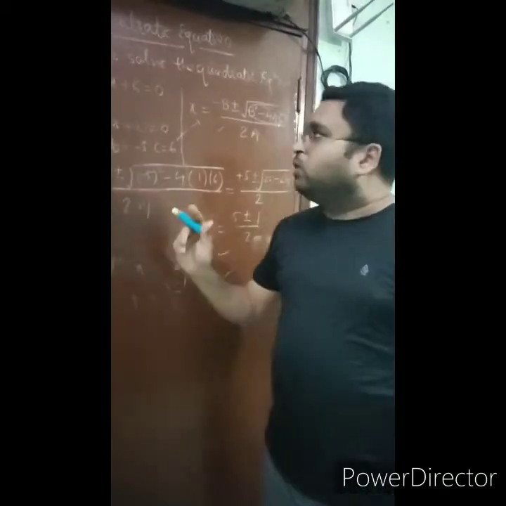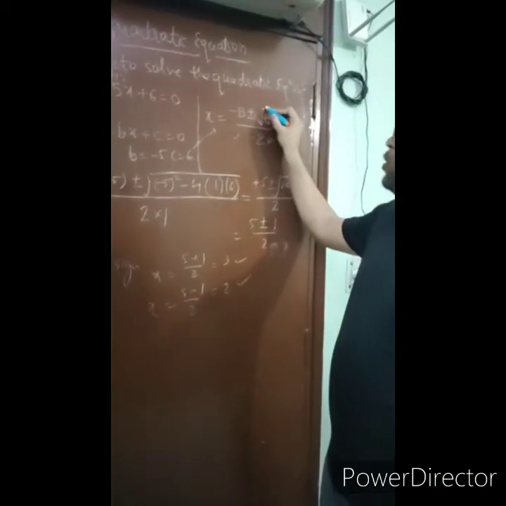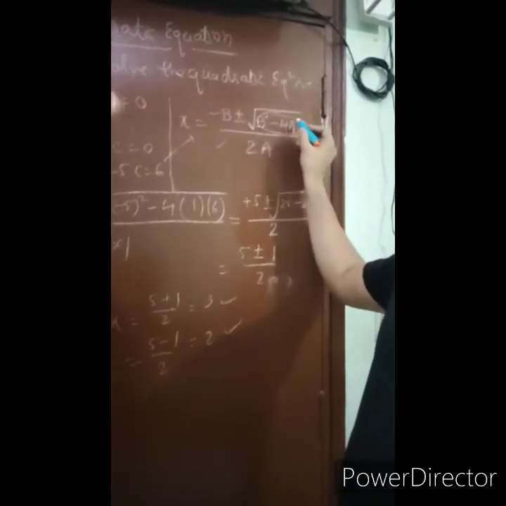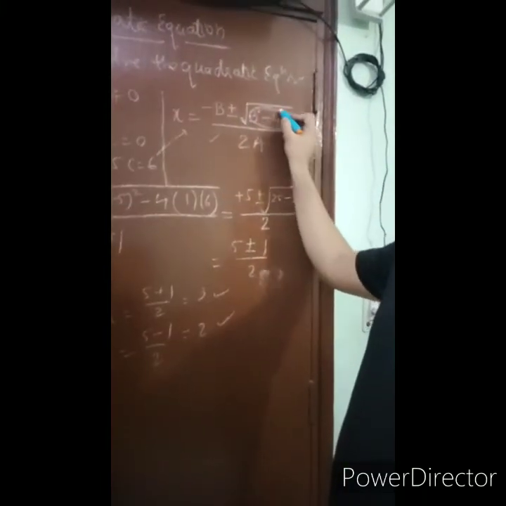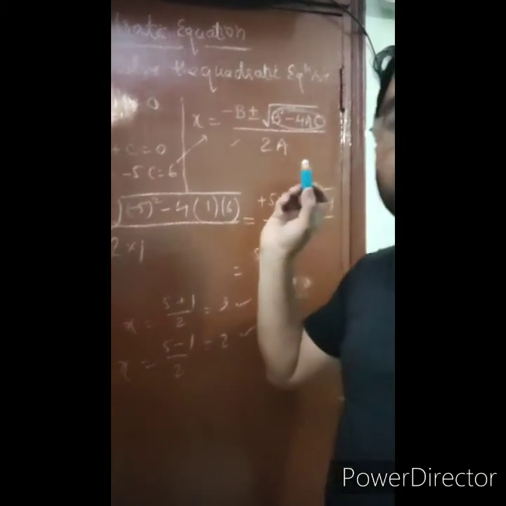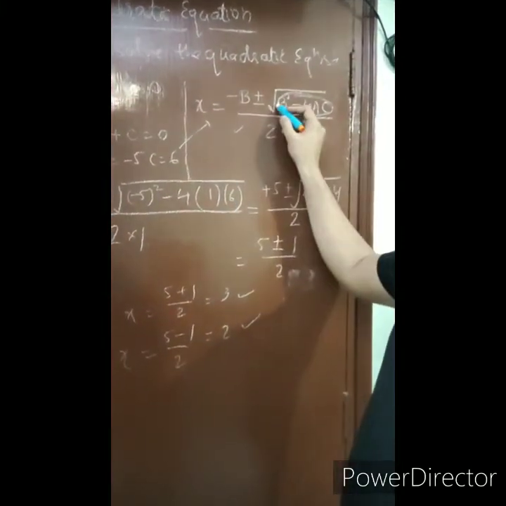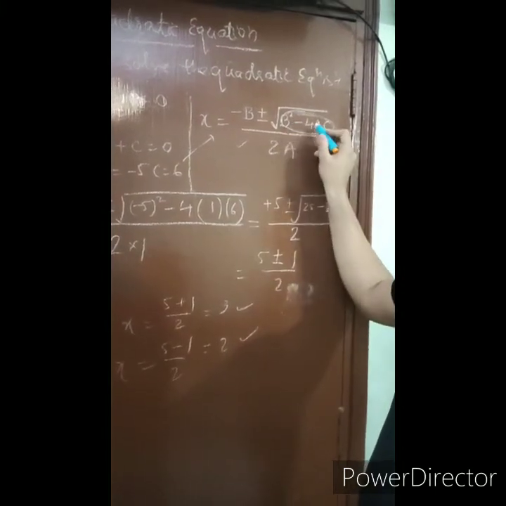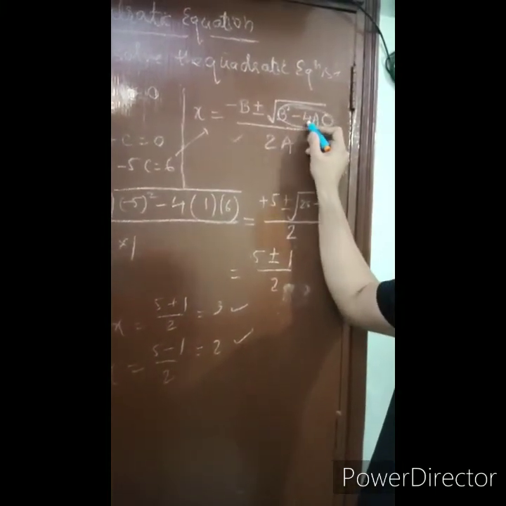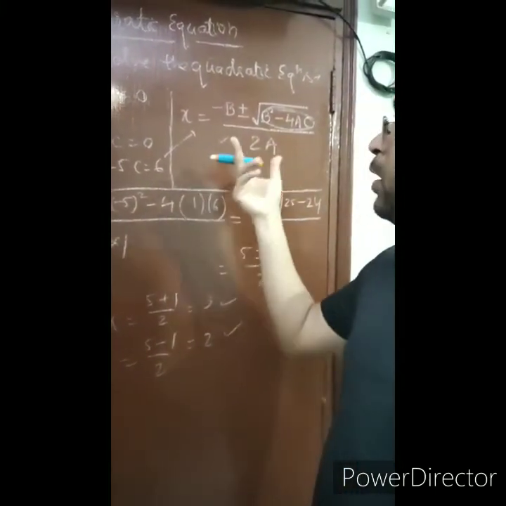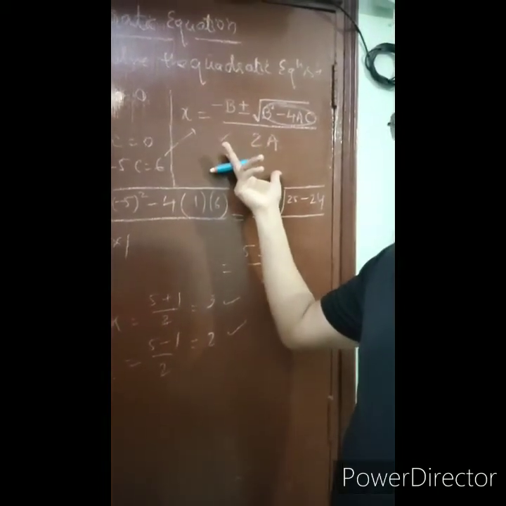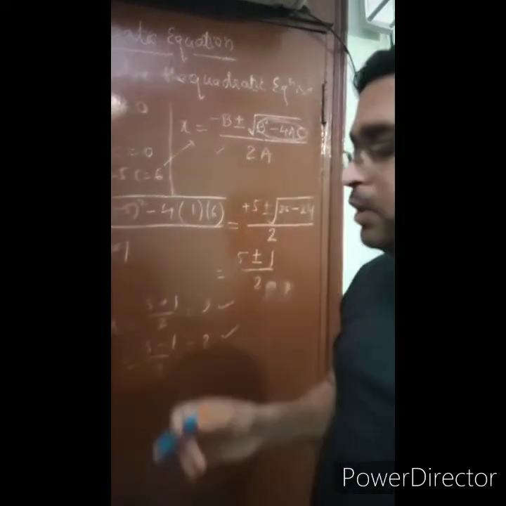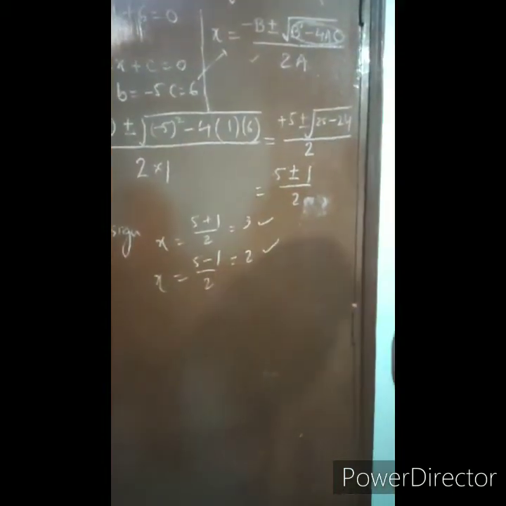You already know that under a square root, the number must be positive. That means if b square minus 4ac is greater than 0, then the roots will exist. So b square minus 4ac is the key term.